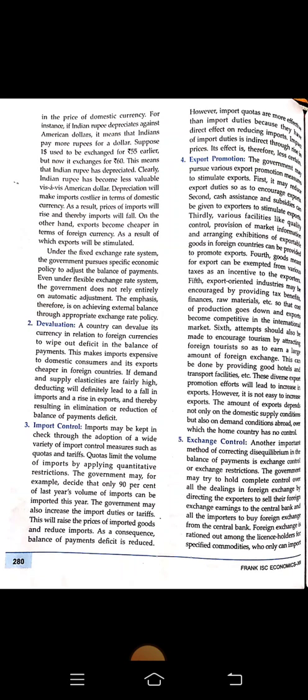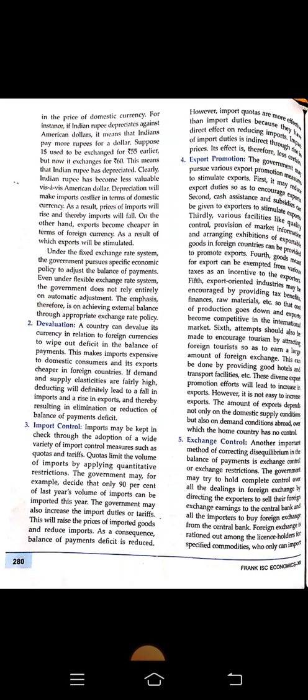Fifth, export oriented industries may be encouraged by providing tax benefits, or you can say finances, raw materials, etc. So the people who are producing this kind of product which are going to get exported, those companies must get some special privileges. Sixth, attempts should be made to encourage tourists by attracting foreign tourists, so that a large amount of foreign exchange is earned.